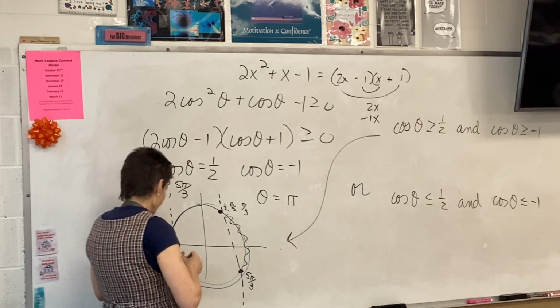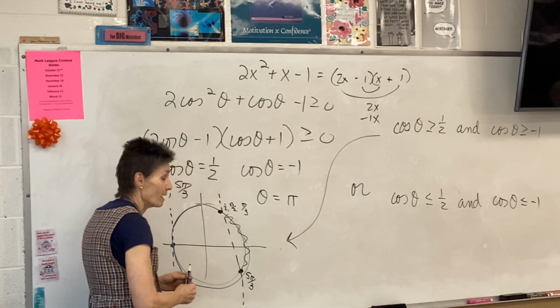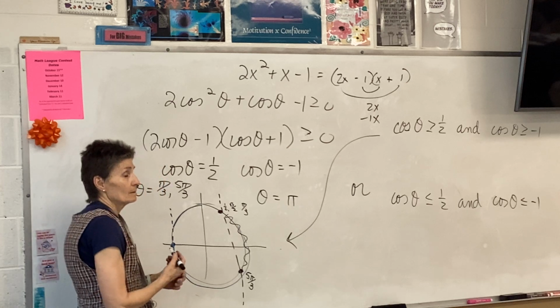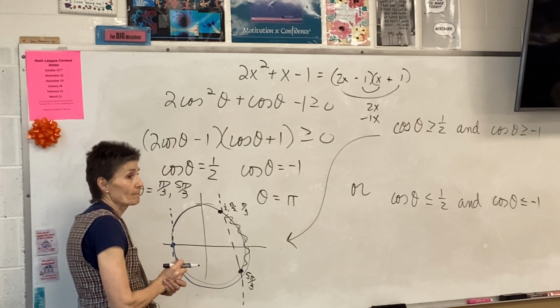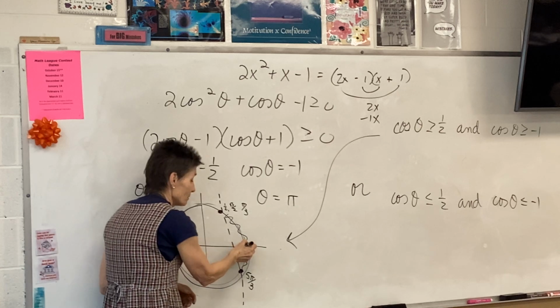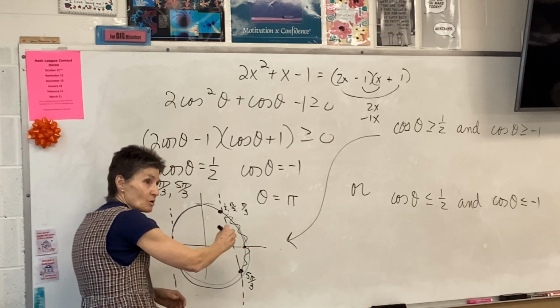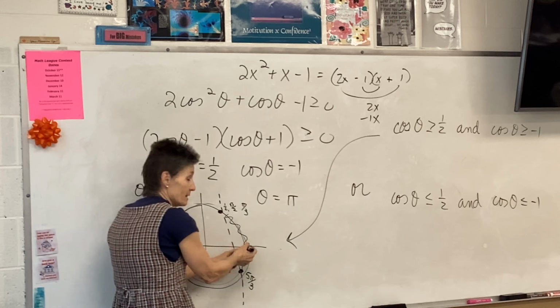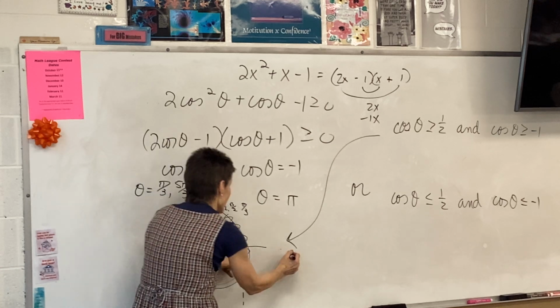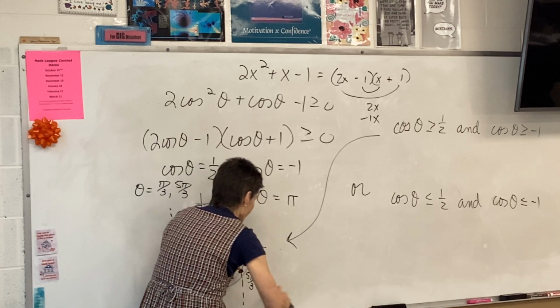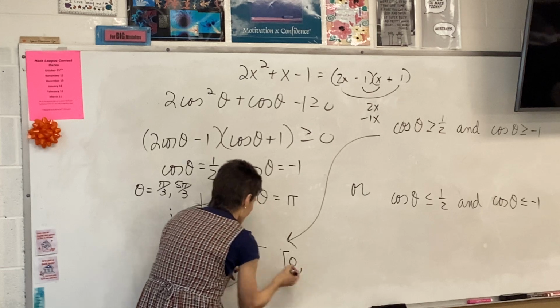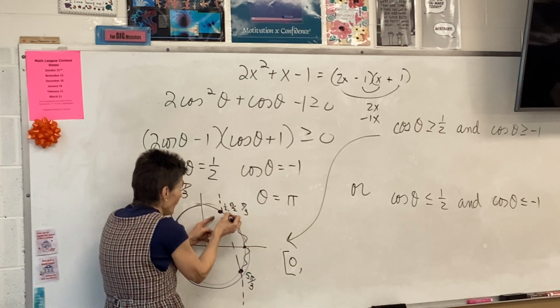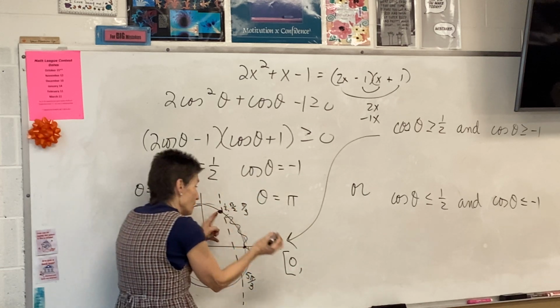So what's my answer? Where's the overlap? I've got some. We start here and go this way. So what's shaded? Well, is 0 shaded? Yep. All right, so I'll start with 0. And then I'm going to shade all the way till I get to pi over 3.